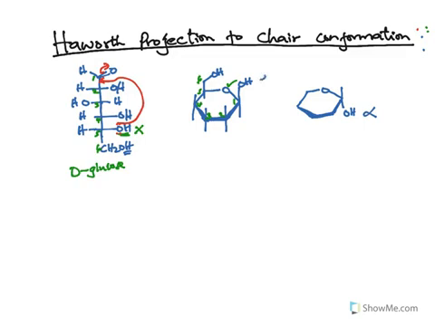When it's up, we call it the beta position. So now it's going to be transformed into beta-D-glucopyranose. That is, we have transformed the glucose into a 6-membered ring, or we could have alpha-D-glucopyranose. Pyranose simply means a 6-membered ring.